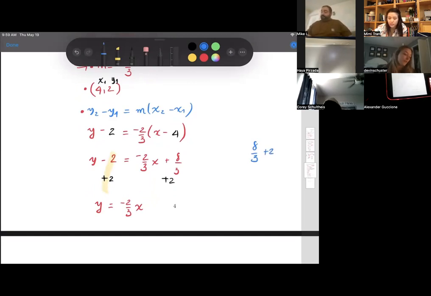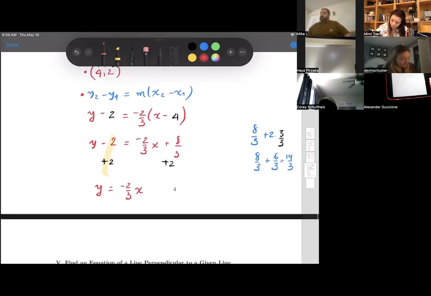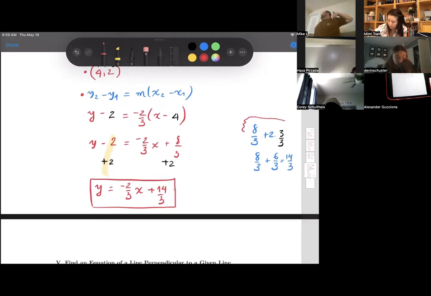I want the same denominator to add, so I multiply both top and bottom by 3/3, right? So 8/3 plus 6/3, which is 14/3. Or you can use your calculator for this part.